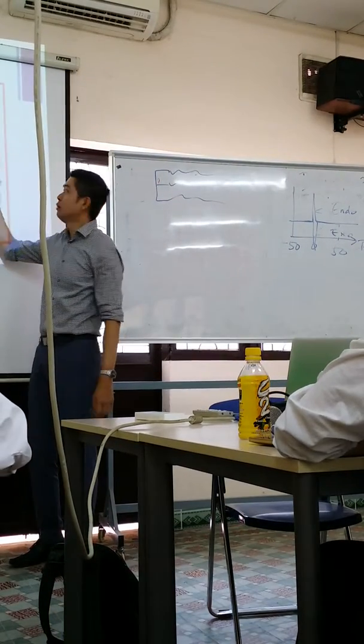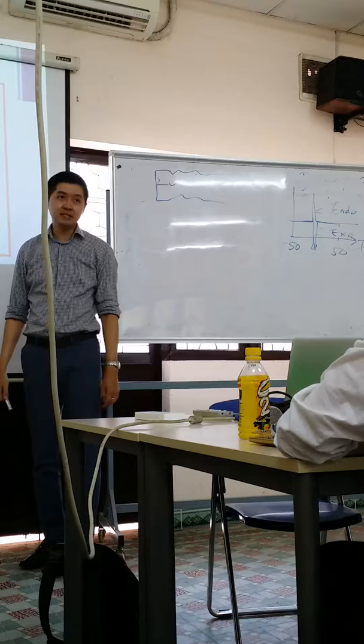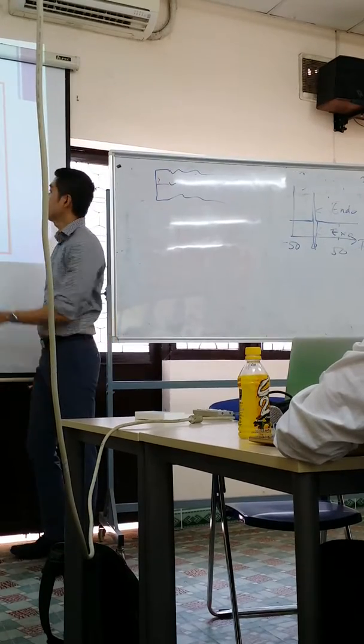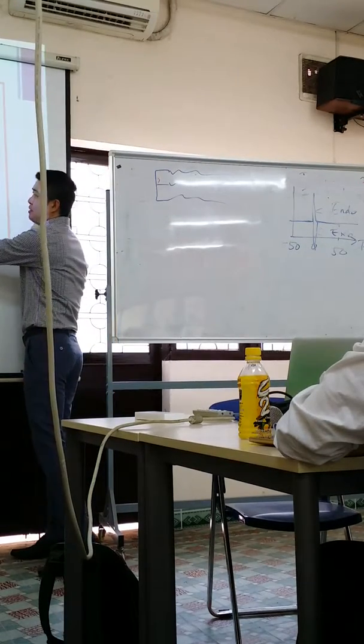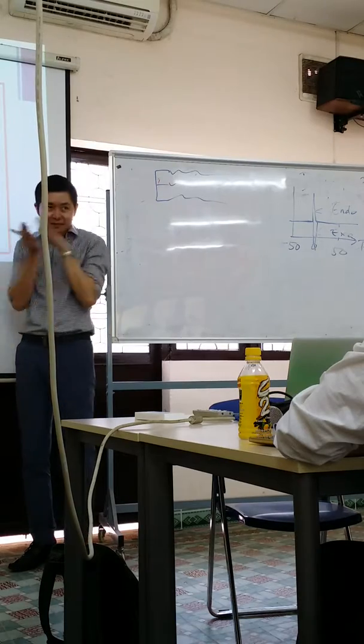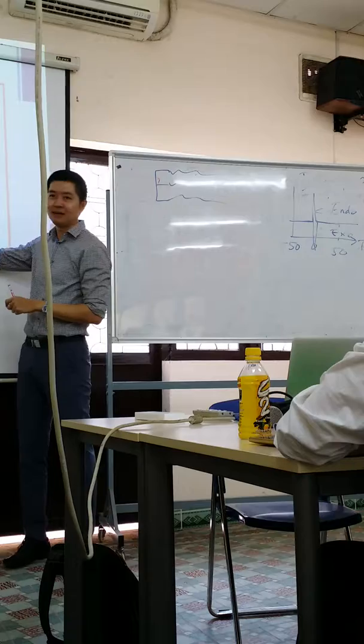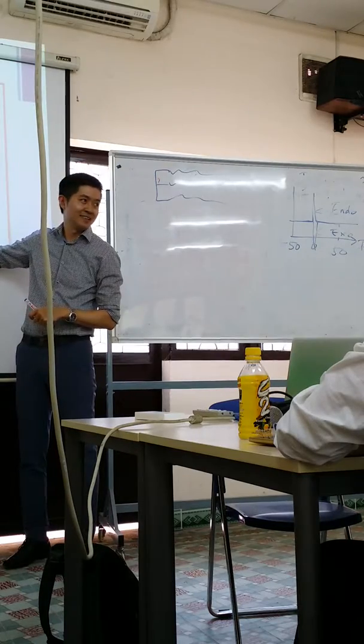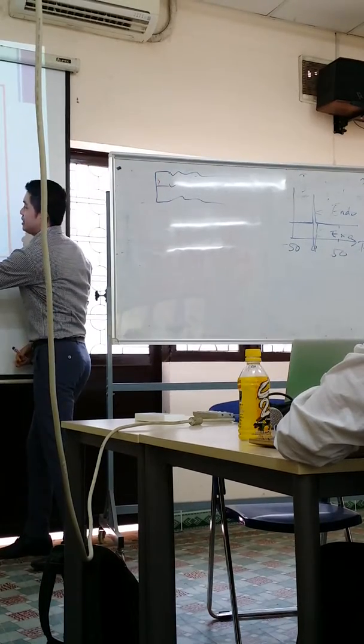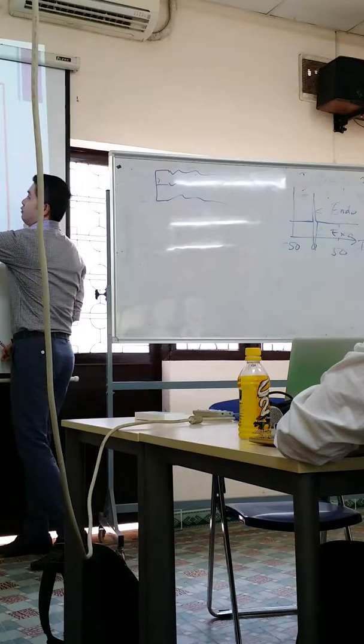Beta 3 we call triple spacing. Why? The one that we sit is not close. It's at the tips of another fatty acid. So you have 1 fatty acid, 2 fatty acid, 3 fatty acid.